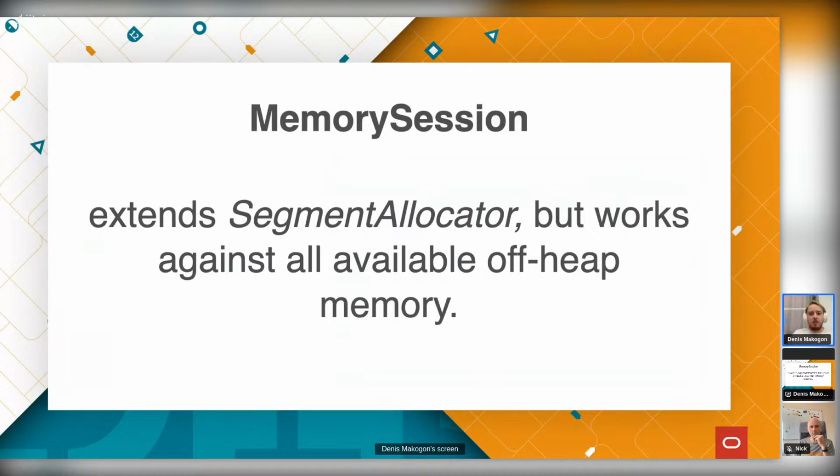But if you want to work with an amount of memory that may constantly be changing, because on your operating system you may have multiple processes that also consume that memory, you're not guaranteed to have enough memory available the next time you call a memory session to allocate you a segment of a particular size.